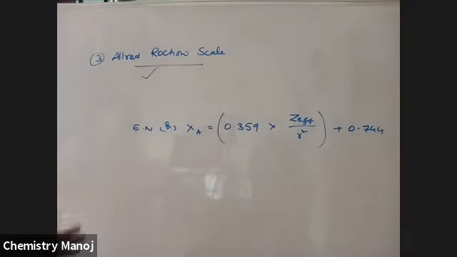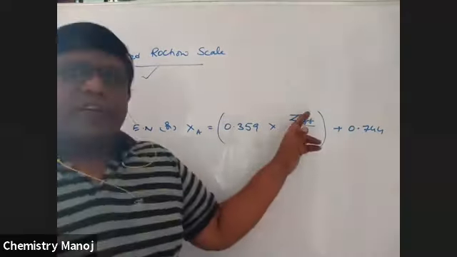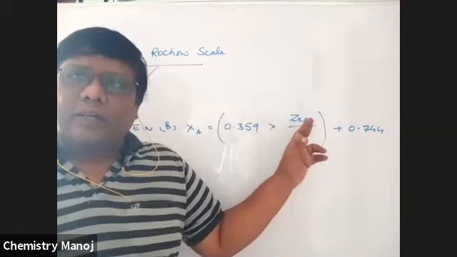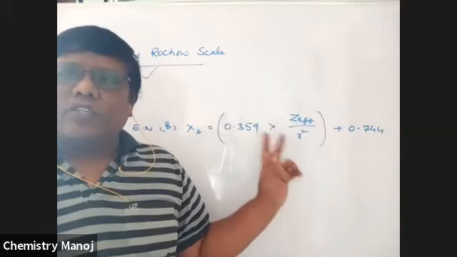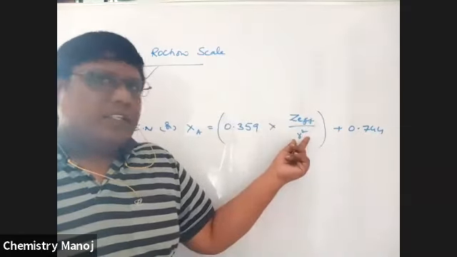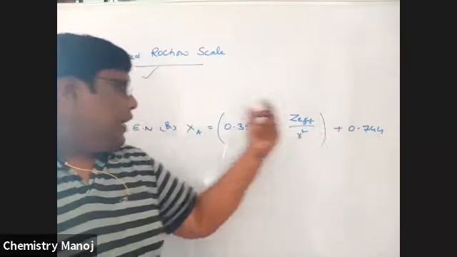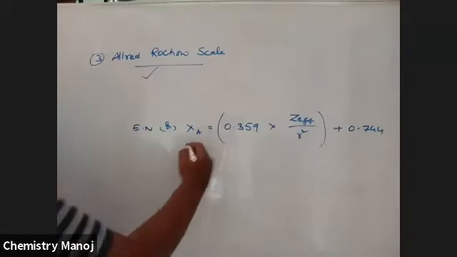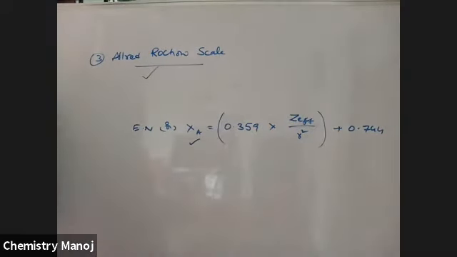It is just a formula. So what is this Z effective? It is the effective nuclear charge. I already calculated it at the beginning of this chapter by using Slater's rules. Calculate the effective nuclear charge like that. R is the radius of the atom. By adding all these values, we get the electronegativity of a particular element.